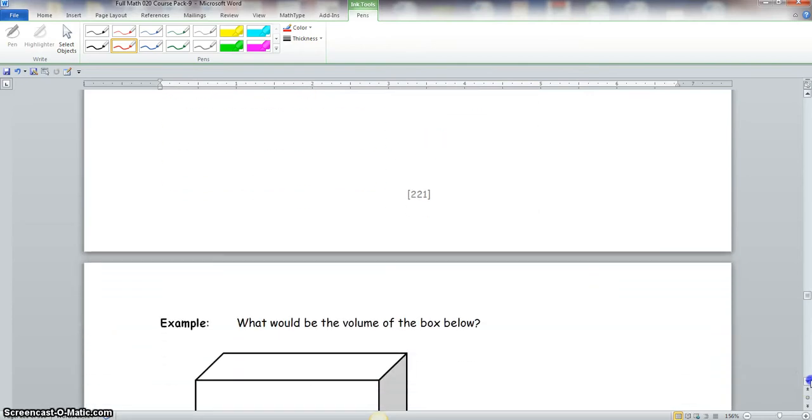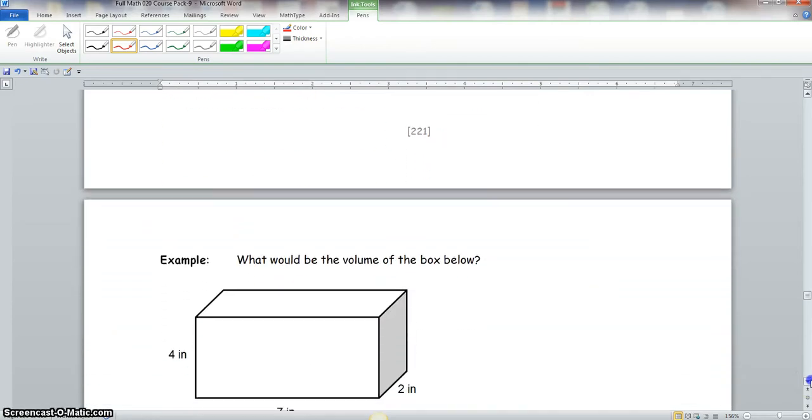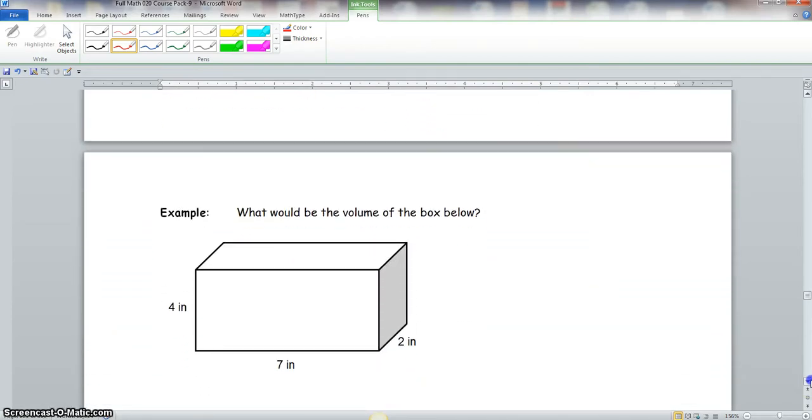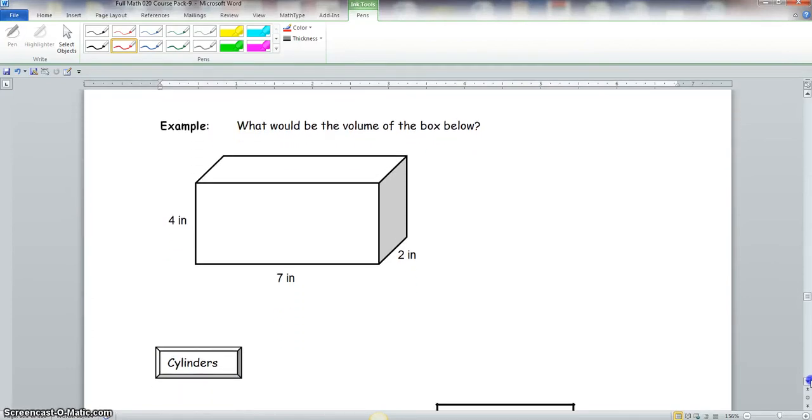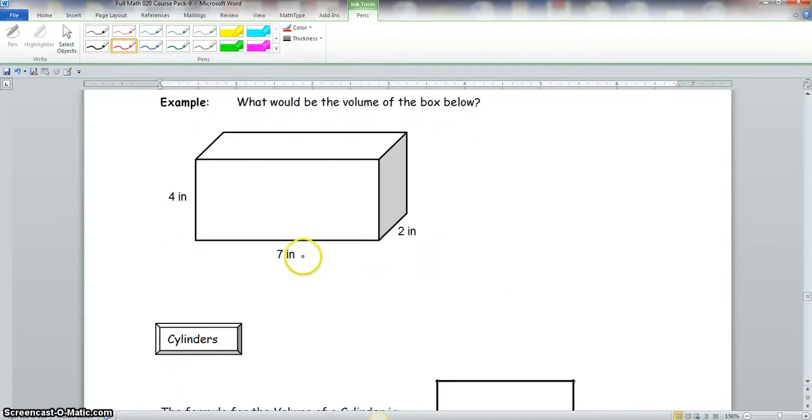Now let's go through this next problem. It says, example, what would be the volume of the box below? So first thing we need to know is, what are these measurements? 7 inches is the length, 2 inches is the width, and 4 inches is the height. Now the volume of a box is length times width times height.